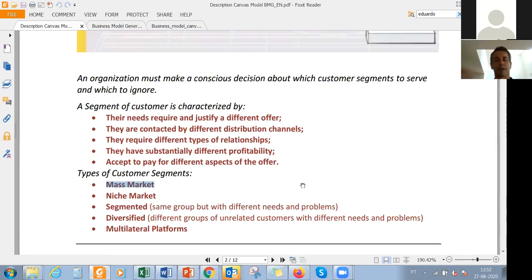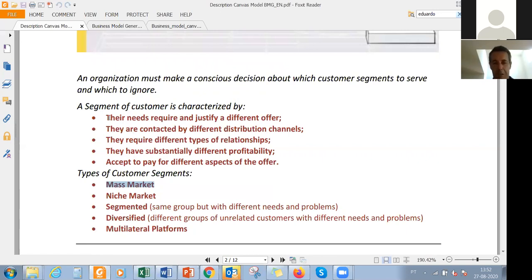Of course, if we are selling an undifferentiated product that is of interest to everybody, like sugar in those days, sugar or rice, I don't know, or potatoes. If it's potatoes, maybe it's a mass market product, I don't know. But if we are able to identify the type of customers that are really relevant for our value proposition, we will be defining the better strategy for developing a business.